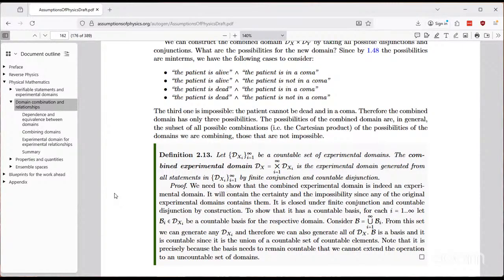Okay, let dxi be a countable set of experimental domains. The combined experimental domain dx, denoted as this product, is the experimental domain generated from all statements in this collection by finite conjunction and countable disjunction.